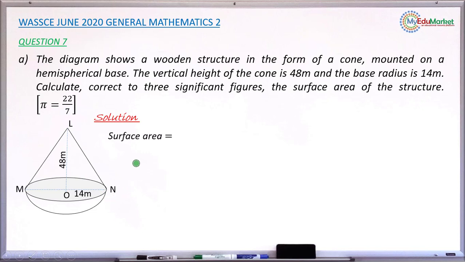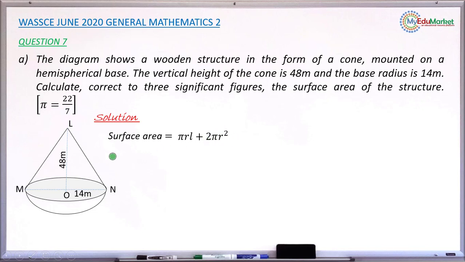So what you write first is the formula for the total surface area. The surface area of this structure will be the curved surface area of the cone plus the curved surface area of the hemisphere. That gives the formula pi r l, the curved surface area of the cone, plus 2 pi r squared, the curved surface area of the hemisphere.